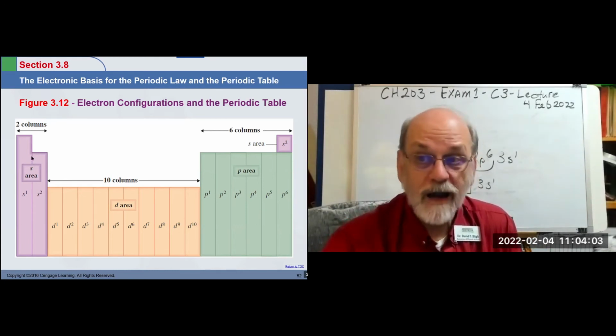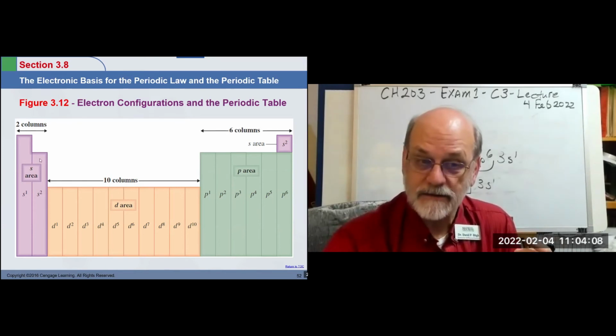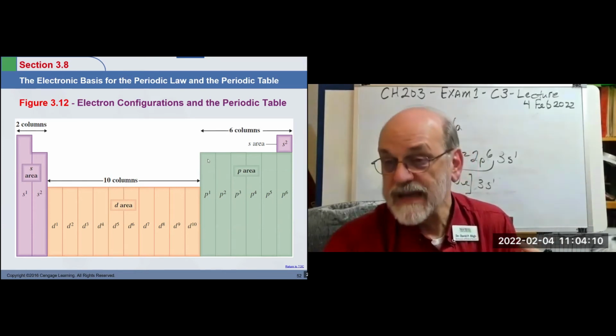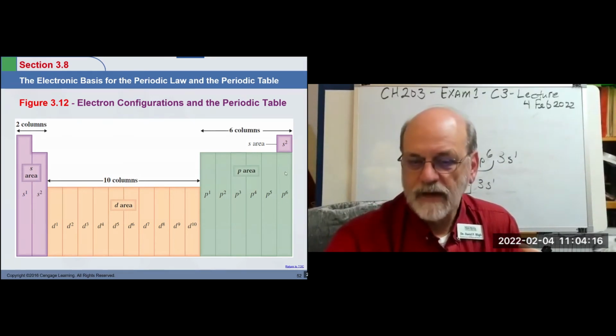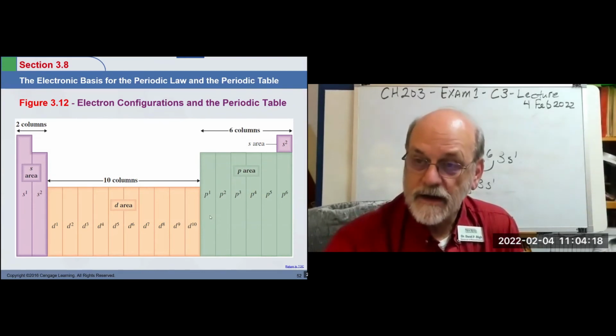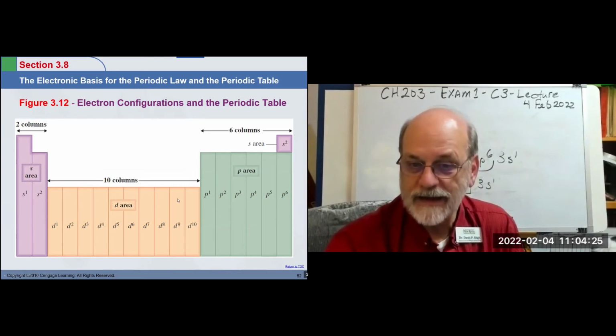That's why there are only two columns there, because you can only have 2 electrons in the s. Whereas in the p, you can have 6, right? 1, 2, 3, 4, 5, 6. And the d area, you can have 10 electrons, right? So 1, 2, 3, 4, 5, 6, 7, 8, 9, 10.